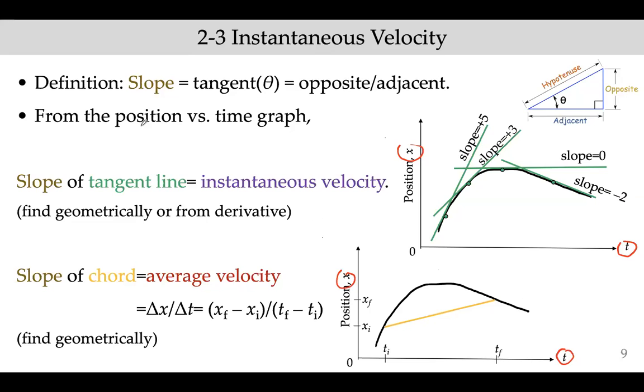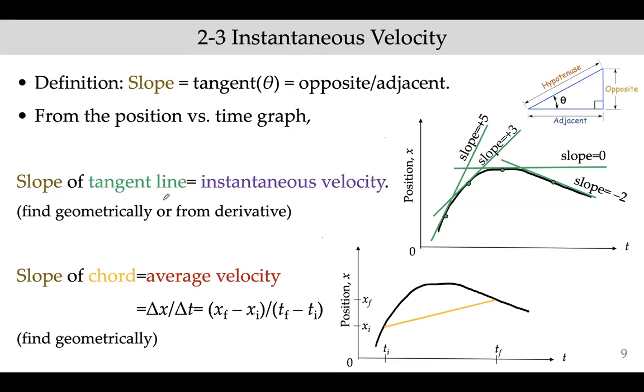Okay, so when you are on the position versus time graph, what does the slope give you? Well, slope of the tangent line, so these are different tangent lines that are drawn at different points. They are all tangent. Tangent means touching the curve at only one point. For example, the tangent line at this point would touch the curve only at this point.